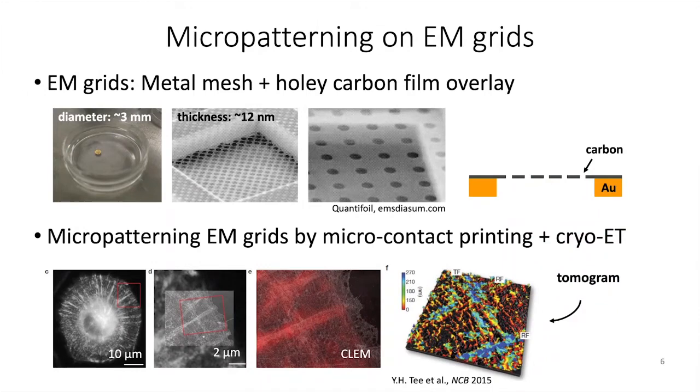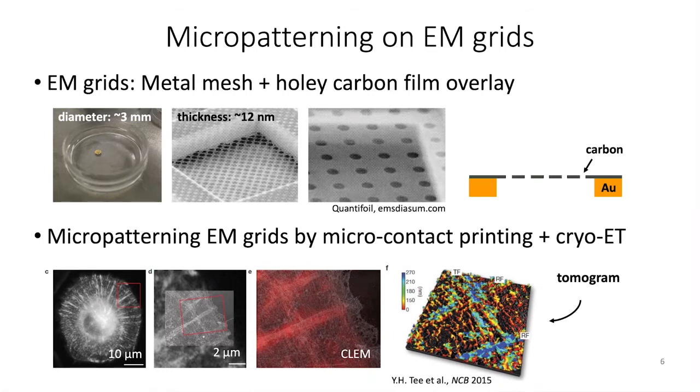So let's talk a bit more about these cryo-EM substrates called EM grids. The EM grids that we and other researchers use as cell culture substrates for mammalian cells for cryo-ET are comprised of a thin metal mesh, 3.05 millimeters in diameter, overlaid with a perforated carbon film called quantifoil.